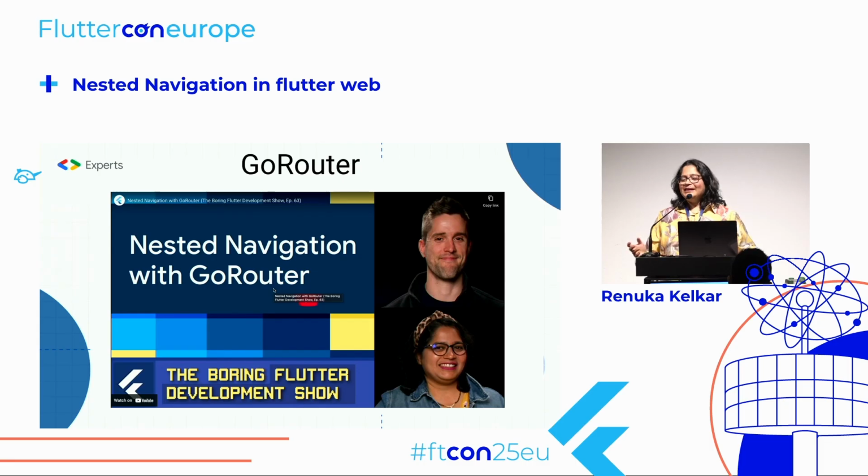And then things were changing really, really fast. The purpose of the show was not to say whether Go router is working well or not, but that the community is struggling with such an important point, that navigation should be simplified and should be useful for all the use cases.